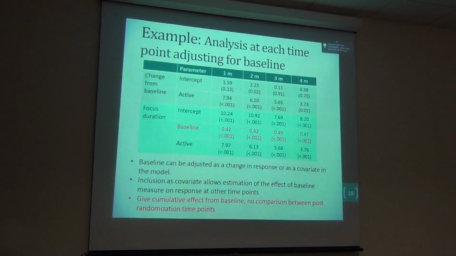But both sets of these models give you the cumulative effect from baseline to separate time points. So you still can't compare the effect of time, the effect between the different time points. Any questions?